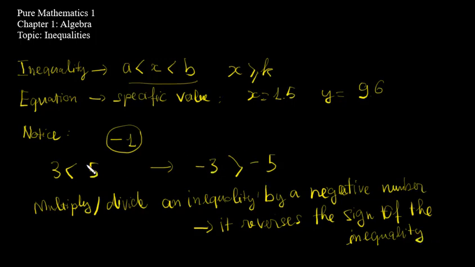At first it is smaller, and then when we multiply by minus 1, it is greater.